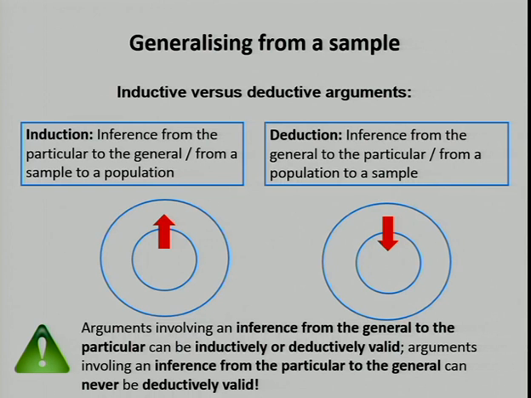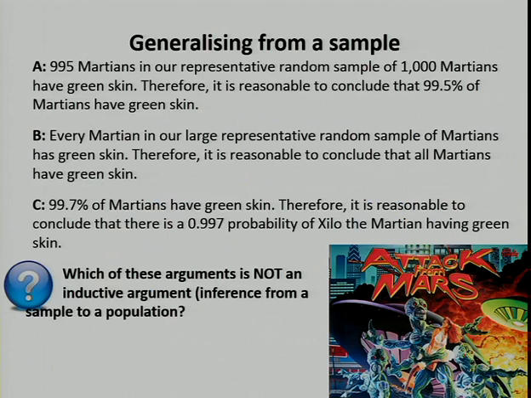So inductive arguments, that's the take-home message: inference from a sample to a population is always going to be inductively valid. Examples of inference from the general to the particular can be either inductively or deductively valid. Yeah. So let's look at, first of all, this example.